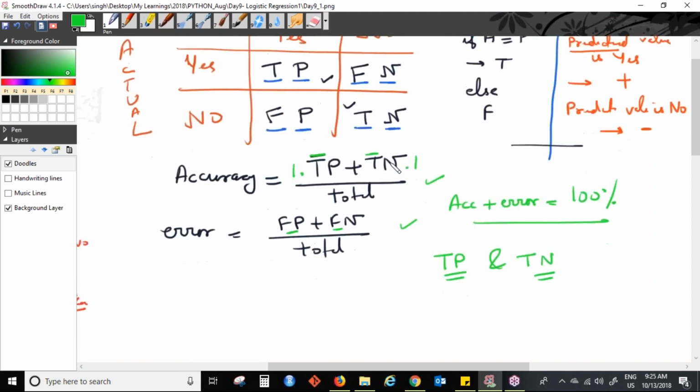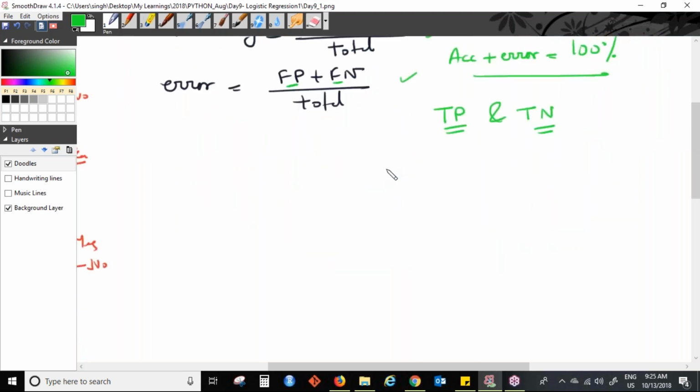Let us see one such business scenario. Let us say you are a cancer hospital, and you are trying to identify cancer in patients. The patients who visit your hospital, you do a test on them to identify whether they have cancer or not. So let me write the business scenario: identifying cancer patients.